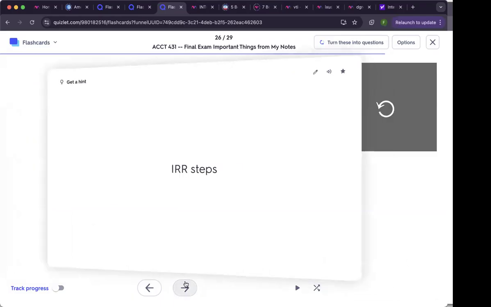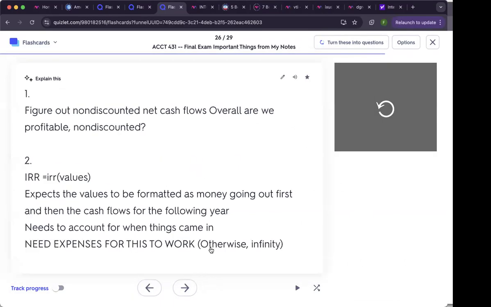The steps for that for Excel: first you figure out the non-discounted net cash flows, just like the first step of NPV. And then you do the formula for Excel, which is equals IRR and all of the values. So this is where we include the expenses, which should be in the first row anyway, at year zero.